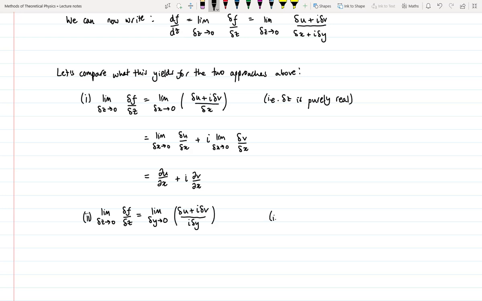And I'll write on the right hand side that here delta z is now purely imaginary. With some shuffling around of factors of i, we can again identify some partial derivatives, and we obtain minus i du by dy plus dv by dy.